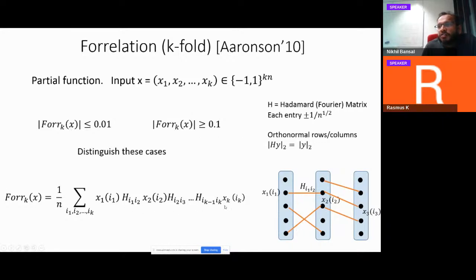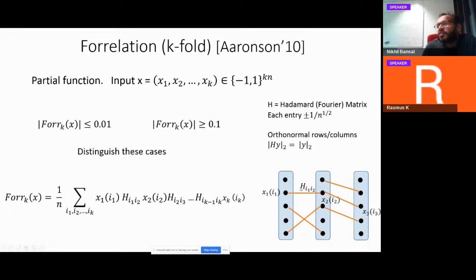The correlation function generalizes like this. Maybe it's easier to look at this picture, for k equal to 3. You have these 3 blocks of n bits, and now you look at all possible paths like this, from every pair to every pair.